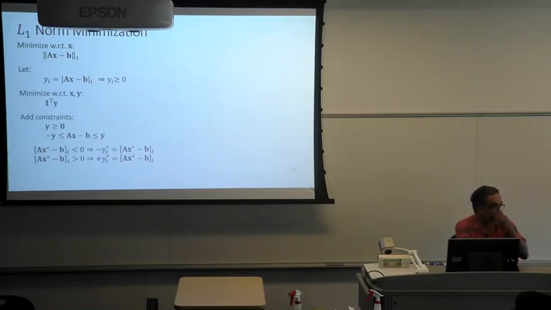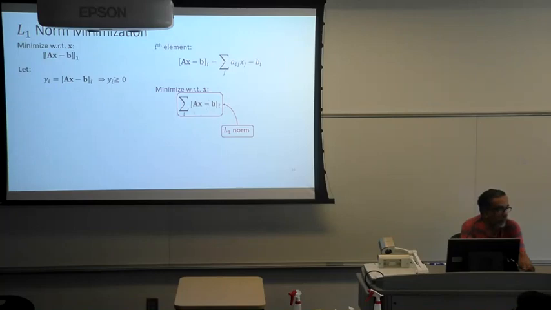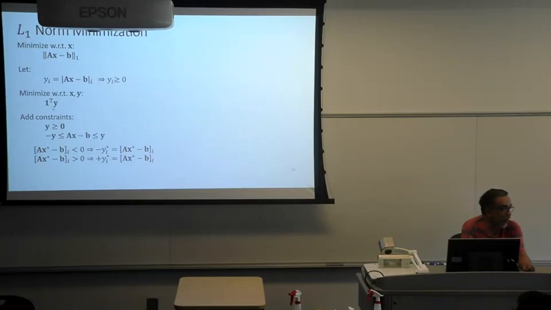So here is how I formulate my linear programming. This is my original problem. I have to minimize this, the summation of the yi's, which is the same thing as 1 transpose y, vector y. You see that?